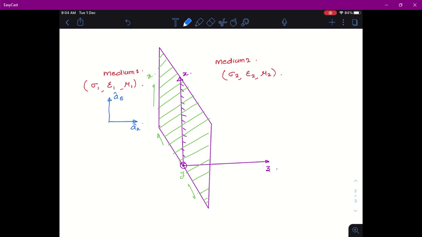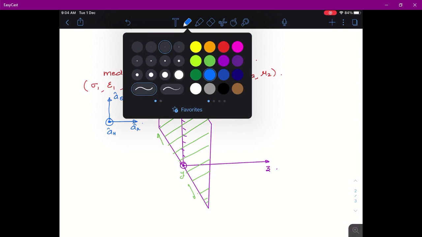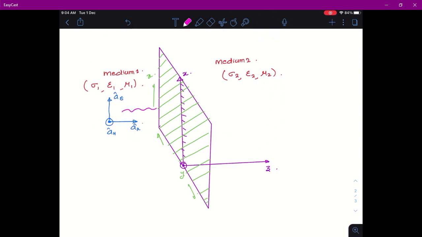And if you take the cross product, the wave will have the magnetic field in this direction, which is away from the plane of paper. This is A_H cap. So the wave is propagating, and the wave will get incident on this boundary.